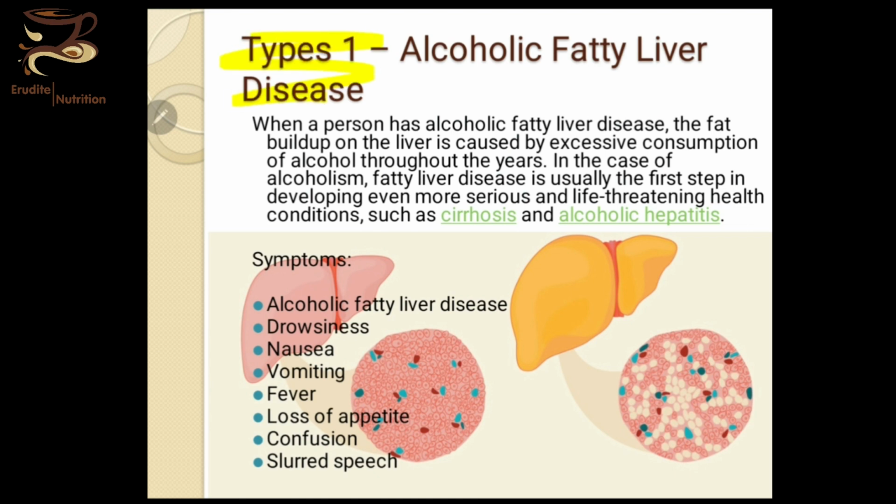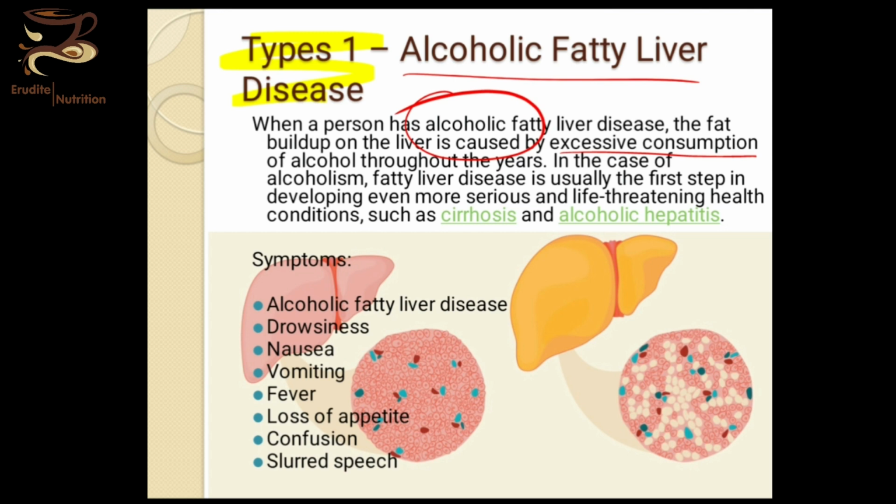So the type 1 fatty liver disease is the alcoholic fatty liver disease, which, as the name suggests, comes from excessive consumption of alcoholic beverages. Let it be whiskey, vodka, or wine, any type of alcoholic beverage is going to create a lot of stress and overload of work for the liver.